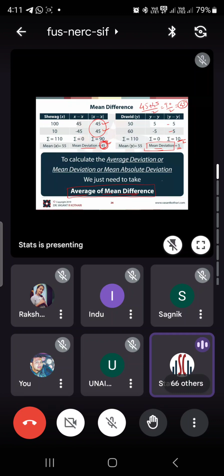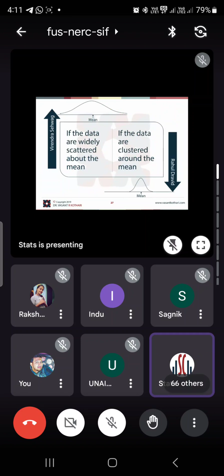So how much deviation for Sehwag? Can you tell me? How much deviation for Sehwag? 45. See here, this is 55, 100, and 10. This is 55, 60, and 50.